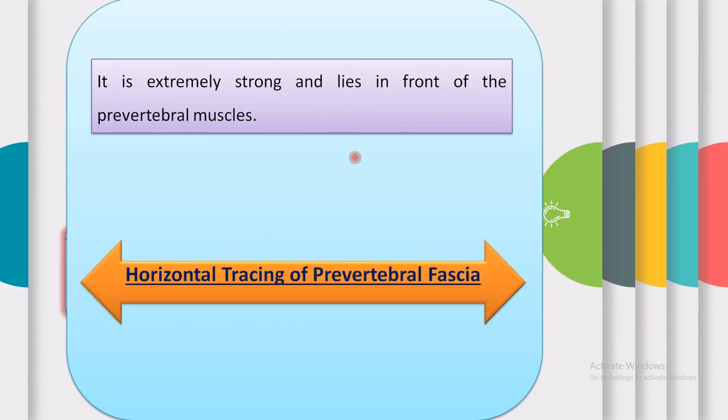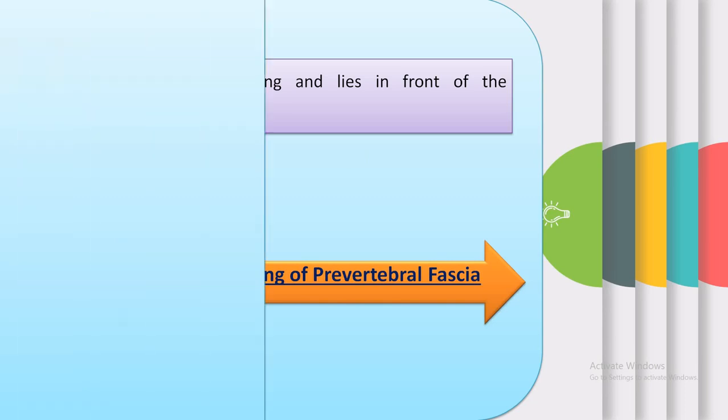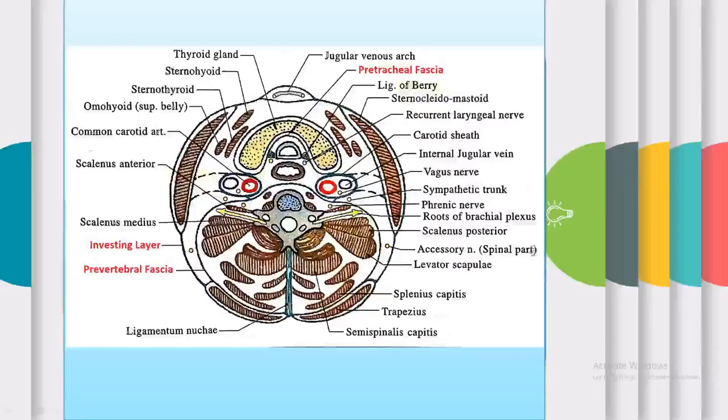First, we discuss the horizontal tracing of prevertebral fascia. This diagram is a cross section of the neck. Like pretracheal fascia, the prevertebral fascia also arises from the investing layer of deep cervical fascia beneath the sternocleidomastoid muscle.